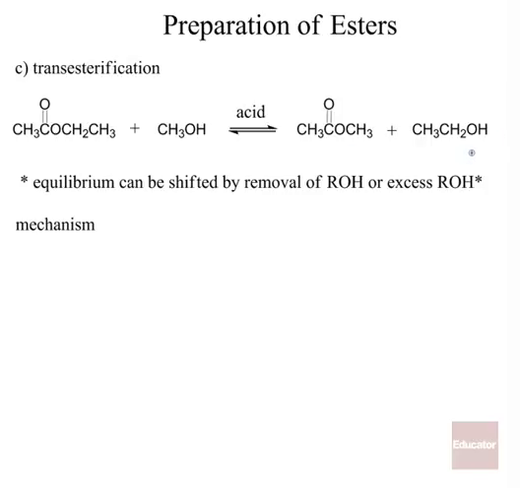Now, this might be a strategy you want to employ because one ester is commercially available, but you want to have a different ester, so you want to replace that OR group. But you know where this really comes into play is very often as an unwanted side reaction.